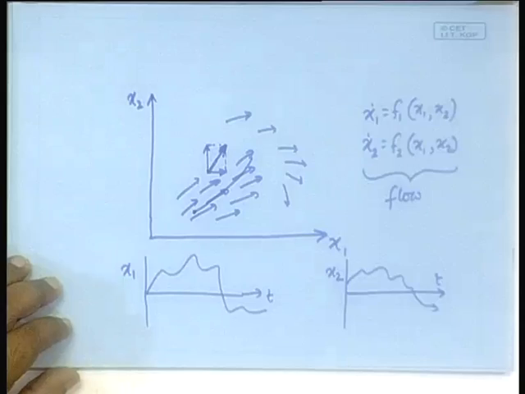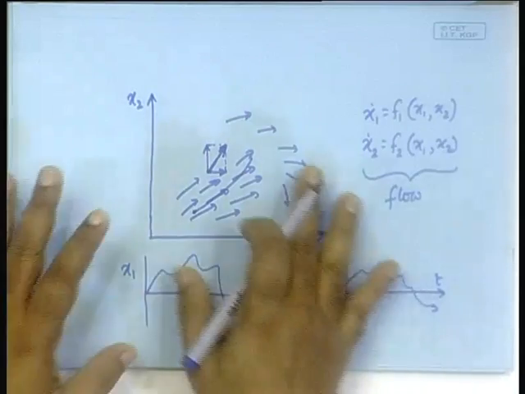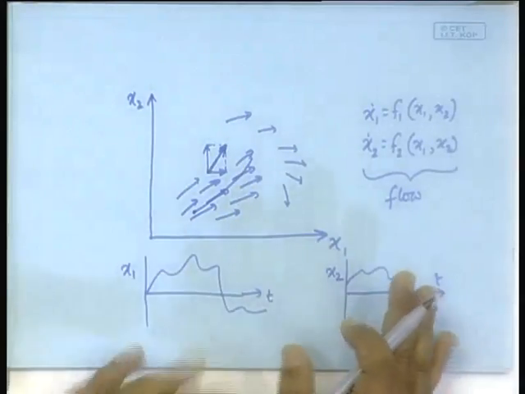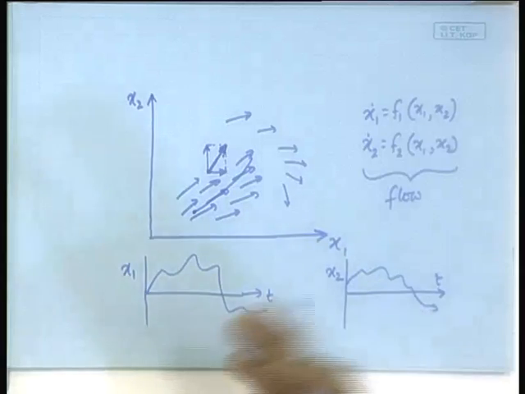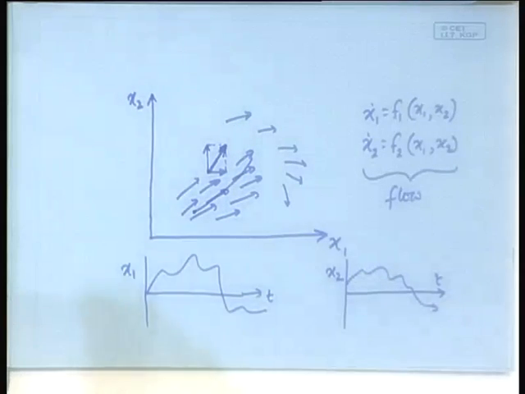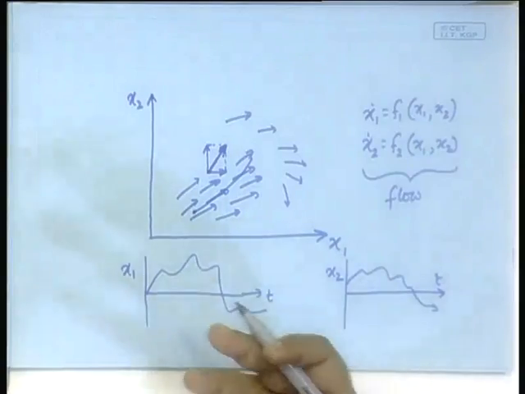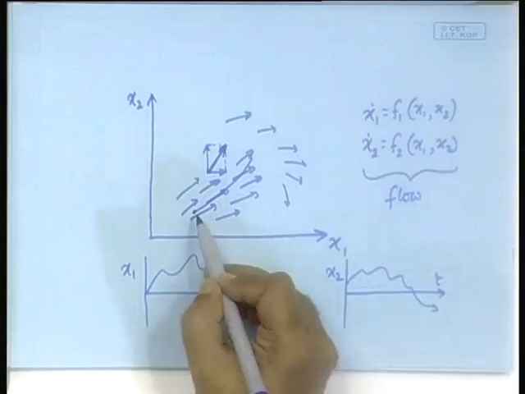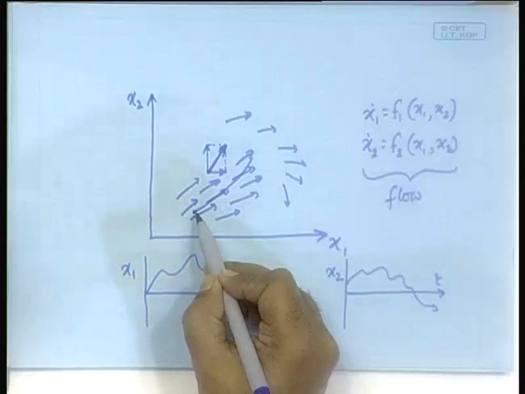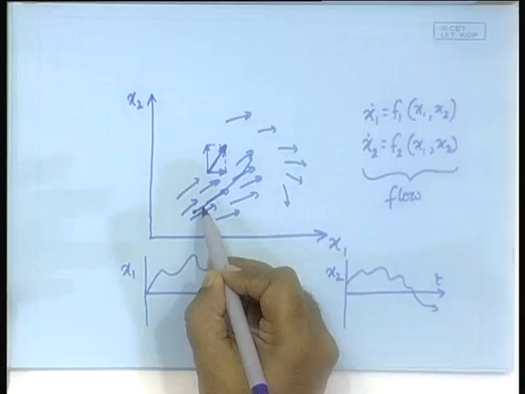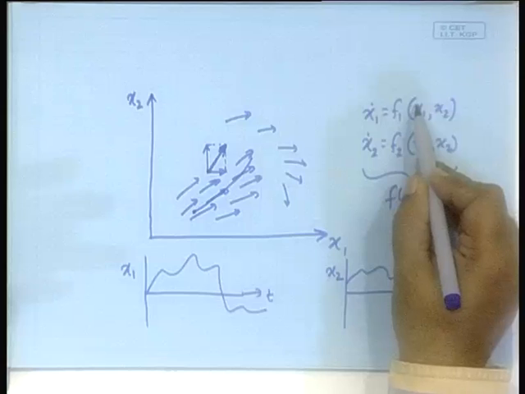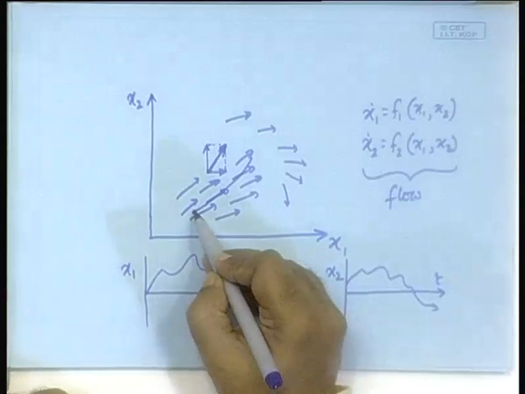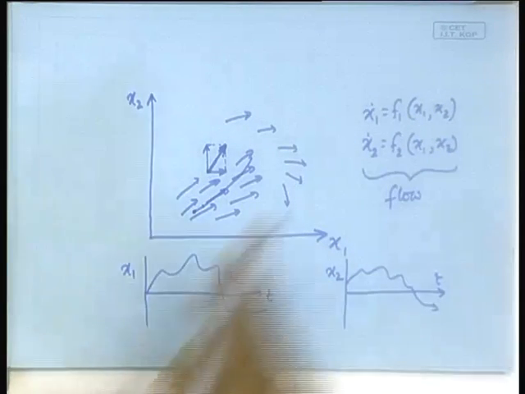So, now we will deal with this issue analytically later, but first let us find out how to obtain the numerical solution. You might say, fine, what I will do is at every point I will find out the direction of the vector, which you can do the moment you have it, and then I will take a step from here to here along that direction.